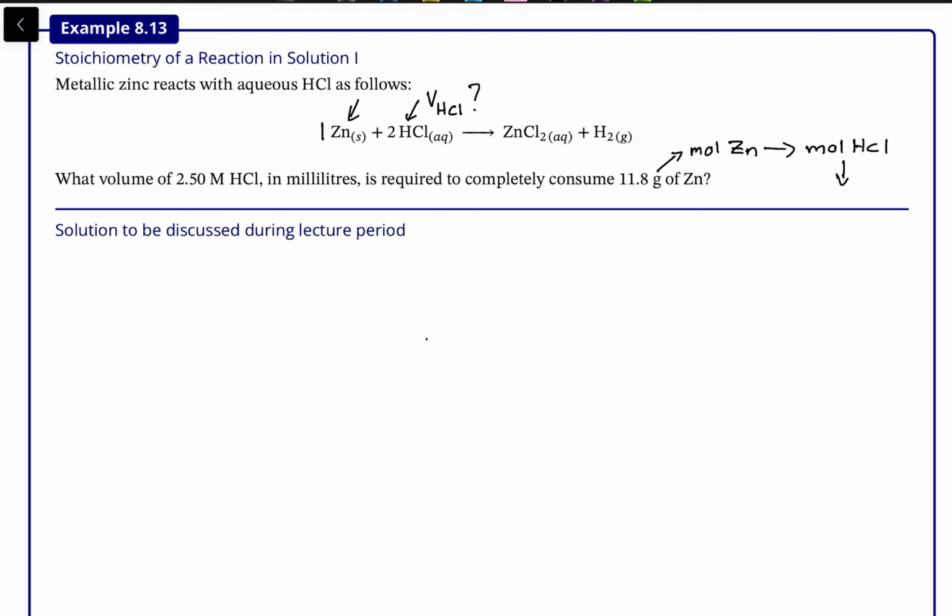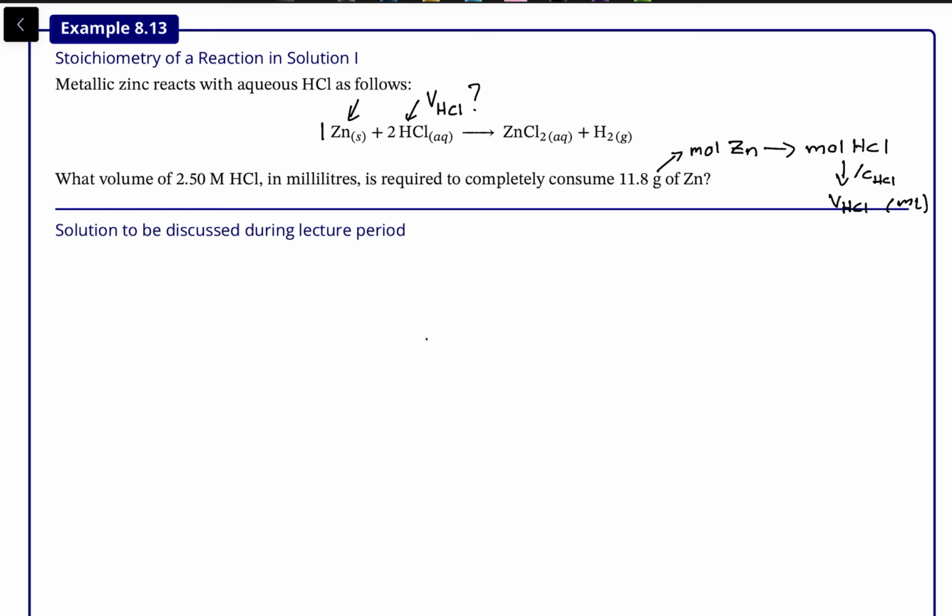So that's mole per liter, meaning you can divide by the concentration of the HCl, and that should then give you the volume HCl. So that's our roadmap, how to connect those quantities. And then, of course, we just need to remember to check whether or not it's in milliliter. Okay, so let's go ahead and do that.